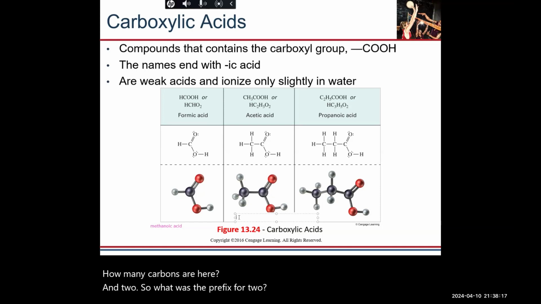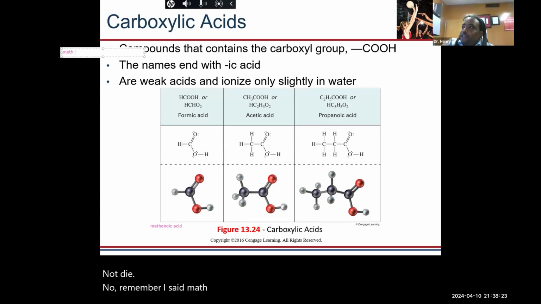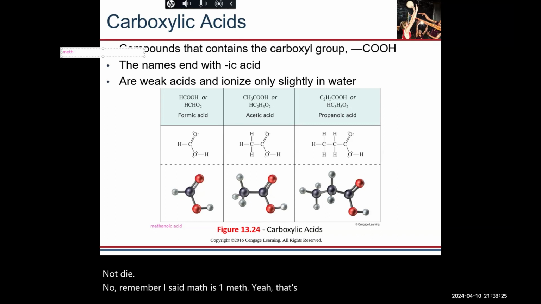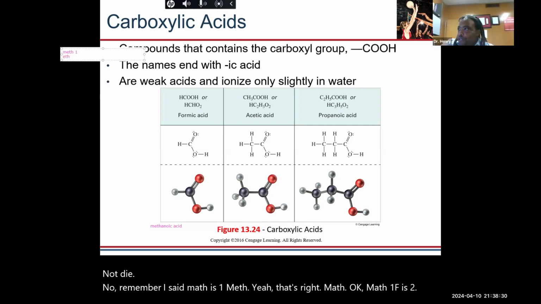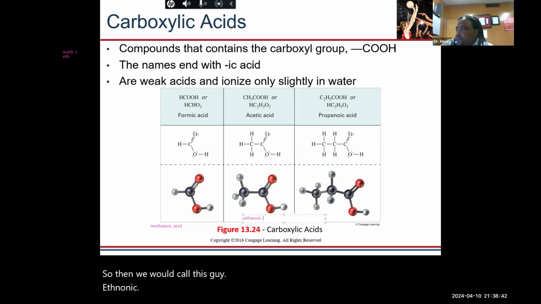Meth is one, and eth is two. So then we would call this one ethanoic acid.